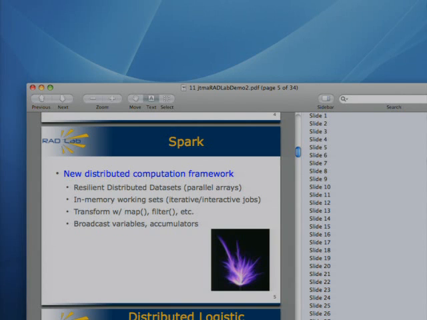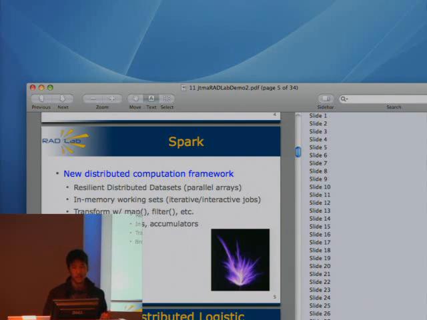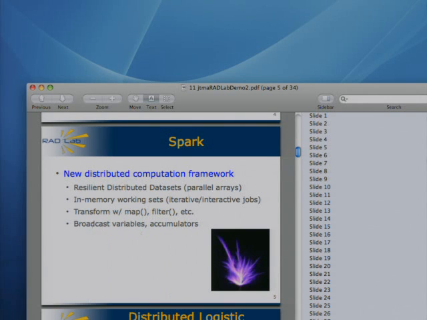So Spark itself is a new distributed computation framework. It's not a derivative of Hadoop. It's actually a new code base written from scratch, based in Scala. The key concept behind it is that of a resilient distributed data set. You can think of them as parallel arrays.